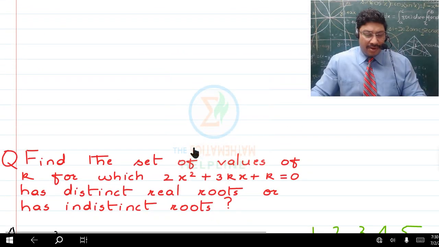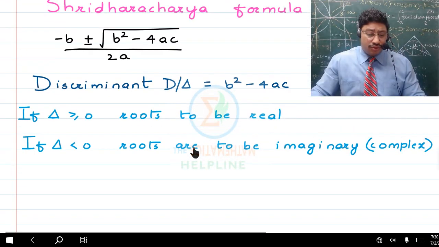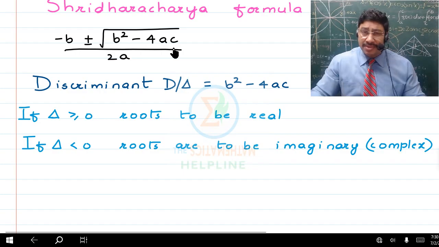By the formula, you remember that the roots were given by minus b plus minus root of b squared minus 4ac divided by 2a. So b squared minus 4ac is the discriminant, and if we put that equal to 0, won't this become minus b plus minus root of 0, that is 0, and as such it will become minus b divided by 2a? And thus you will just get one root, and that is the case of equal roots.